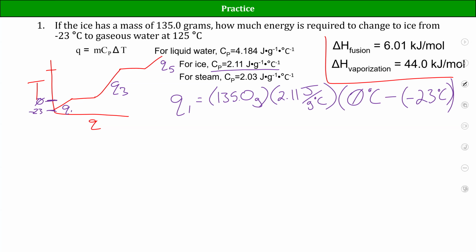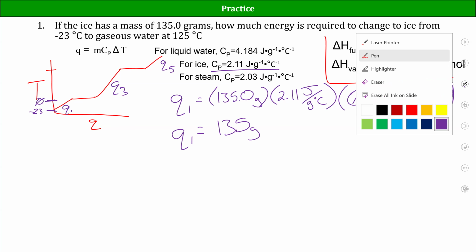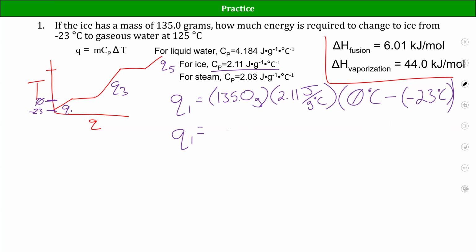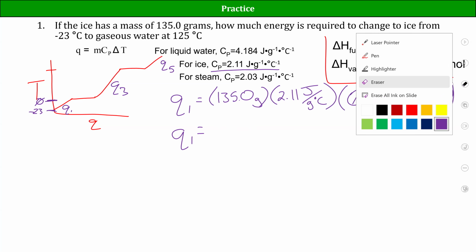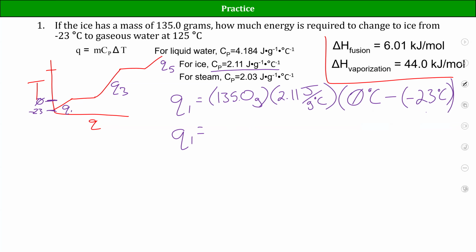So 0 minus -23 is +23. 135, I'm not gonna rewrite this whole thing. What's gonna happen with the units here? Bingo. So we're just left in joules.